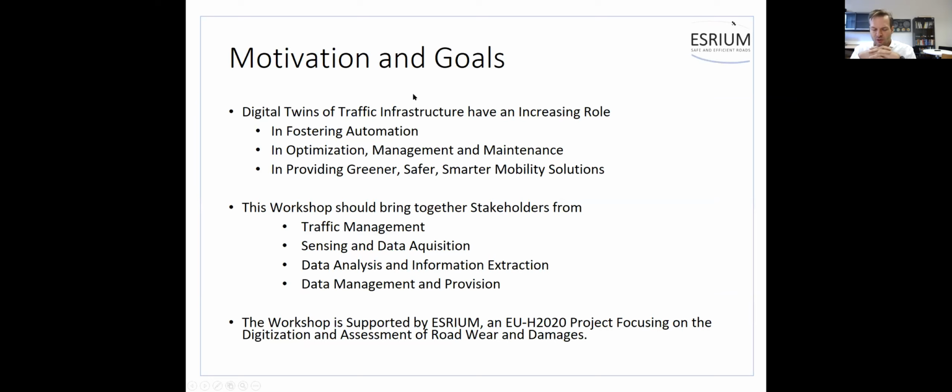So in general, what is the motivation now for digitizing traffic infrastructure? The major goal in all of those fields is to create digital twins, which will play an increasing role in increasing our level of automation. This is important on the road, but also an increasing topic on the rail.